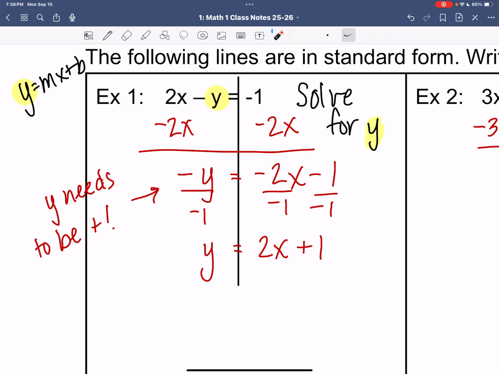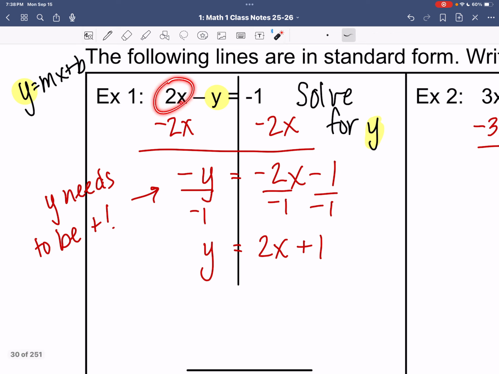So what I did here was first we're going to move the 2x over here by subtracting 2x. This will cancel out and give you 0, and you're left with negative y equals negative 2x minus 1. Now remember, these are not like terms, you cannot combine. Now, this is very important. Y needs to be a positive.